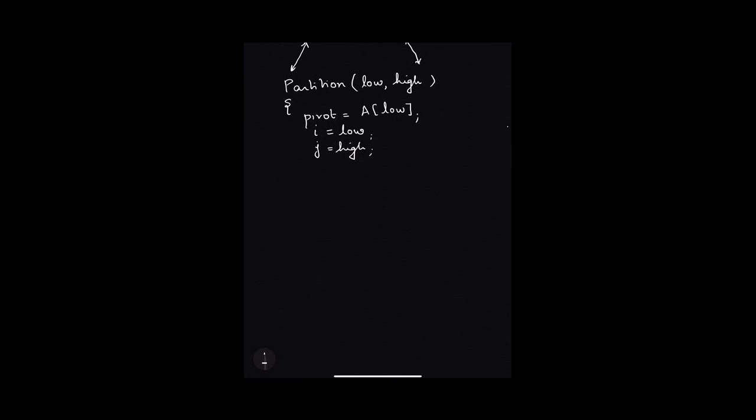So I can say: do increment i till you get an element which is greater than or equal to your pivot element. Similarly, decrement j till you find an element that is less than your pivot element.